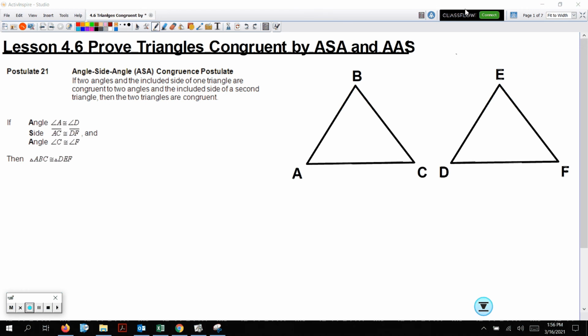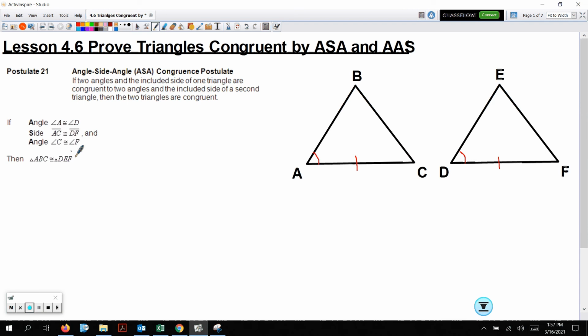All right, so take a moment, copy down these triangles here, and then we're going to use our given information and we're going to talk about it, okay? First, it tells us angle A is congruent to angle D. Then it said side AC is congruent to side DF.